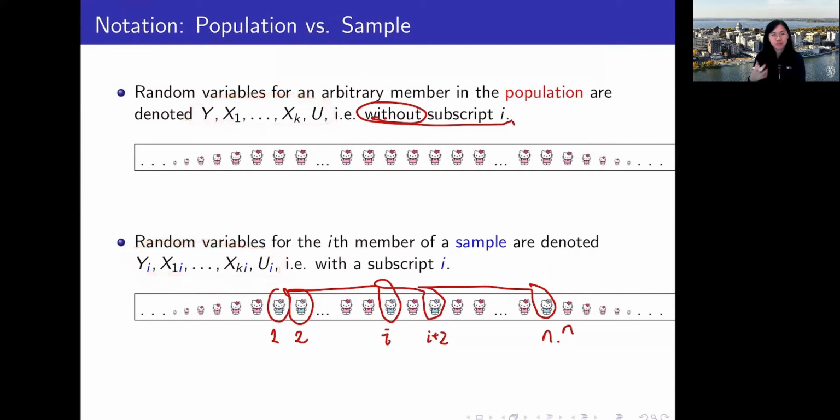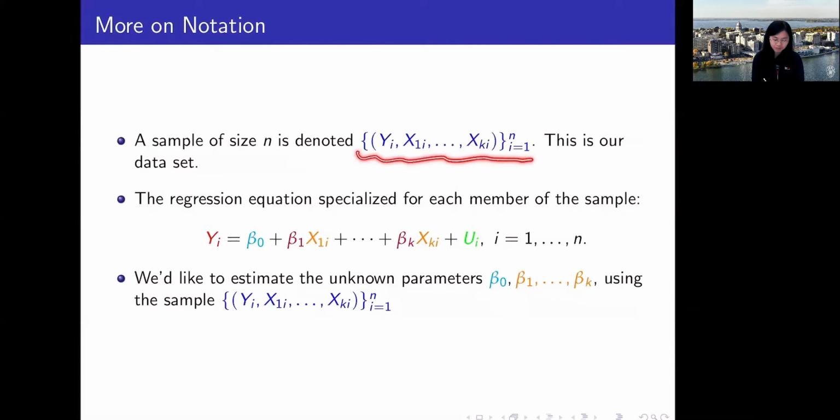They have the same distribution. A sample of size n is denoted by this collection of characteristics for this i from 1 to n individuals. And this is our data set that we use to estimate the beta parameters.